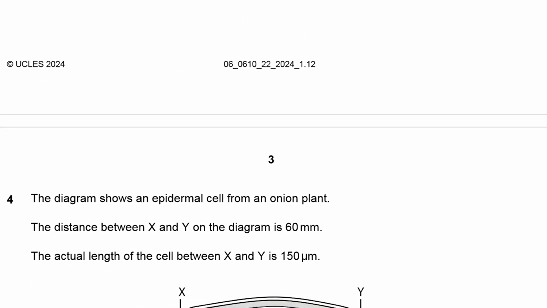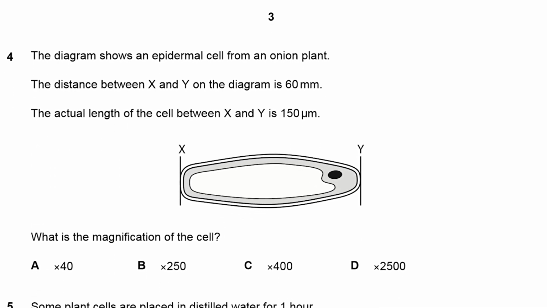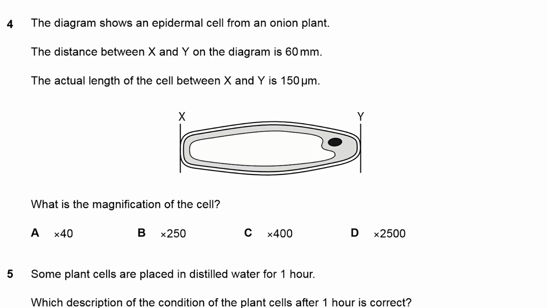Number 4 says, the diagram shows an epidermal cell from an onion plant. The distance between X and Y of the diagram is 60 millimeters. The actual length of the cell between X and Y is 150 micrometers. What is the magnification of the cell? Now, in order to calculate the magnification, we have to ensure that they are all in the same unit.